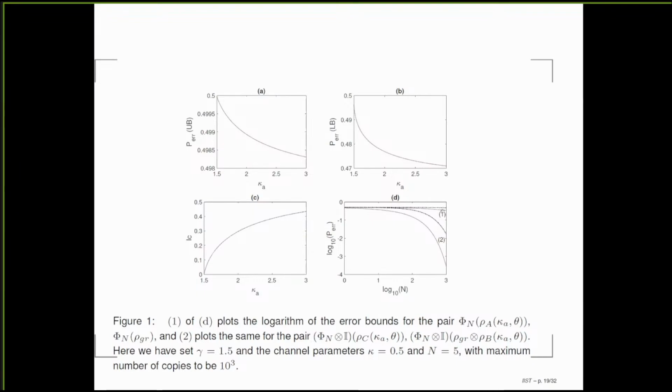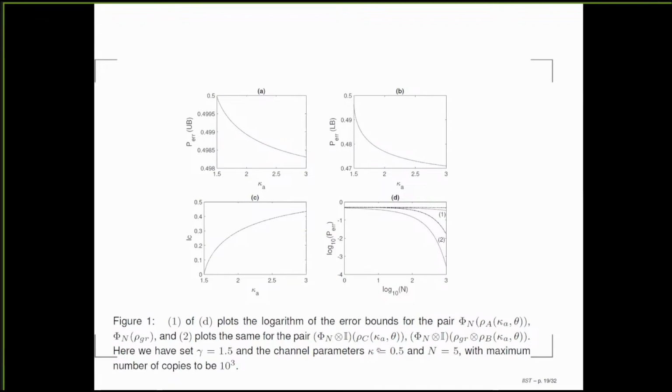Which simply means that you are able to perform better distinguishability between, say, these two states. The error that creeps in distinguishing these two states is lower compared to the error in distinguishing this state versus this state in the n copy limit.